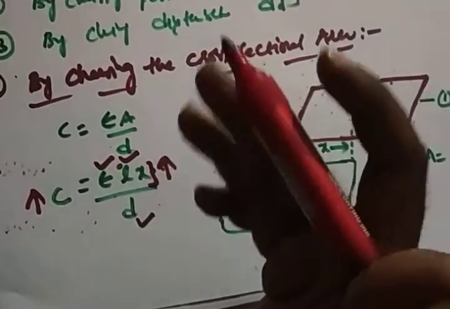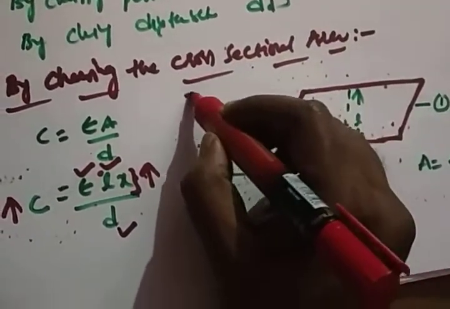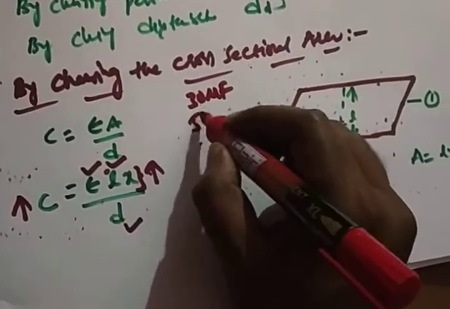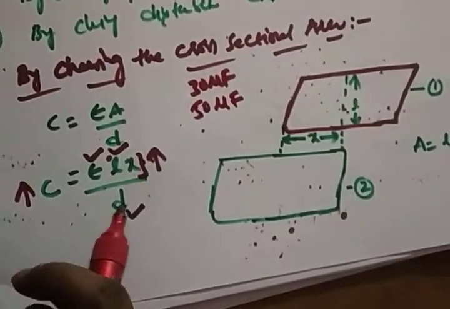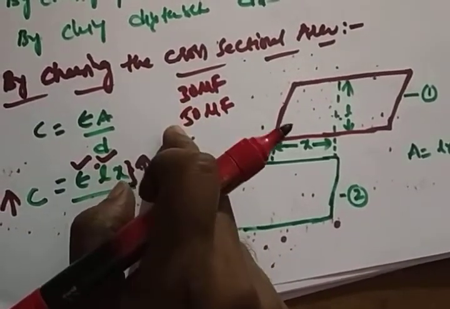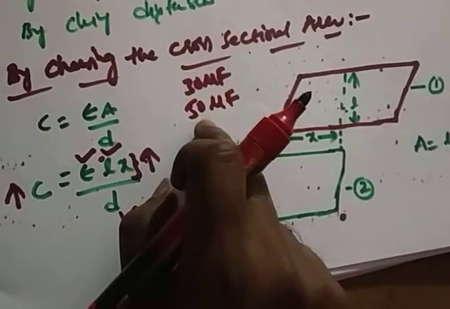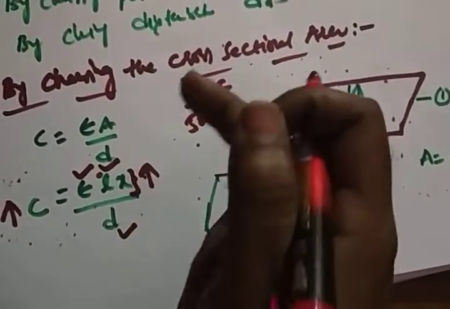For suppose initially the capacitance is 30 microfarad at that position. You apply some displacement, then you will get a capacitance of 50 microfarad. Find out the voltage across the change in capacitance.